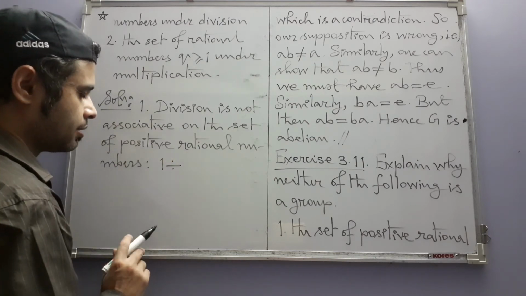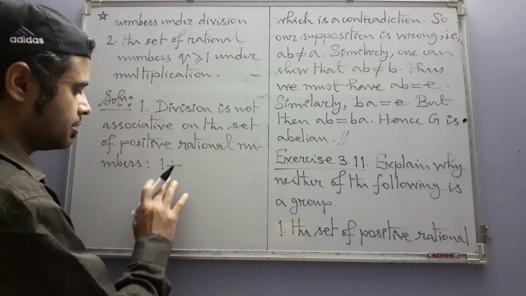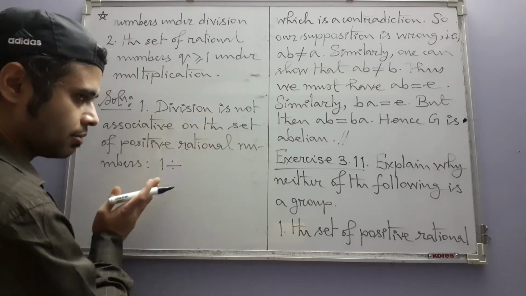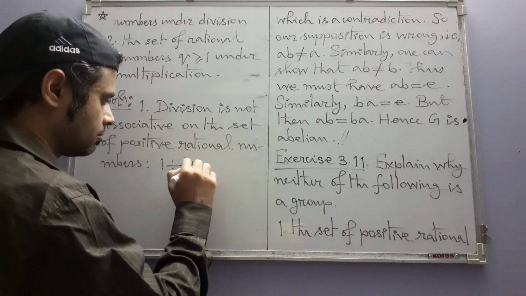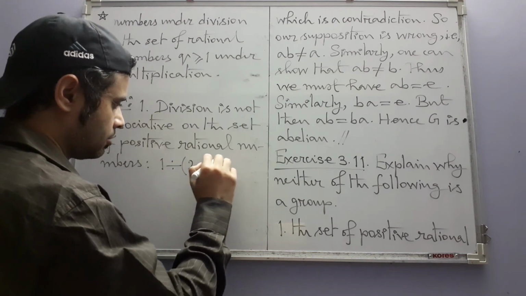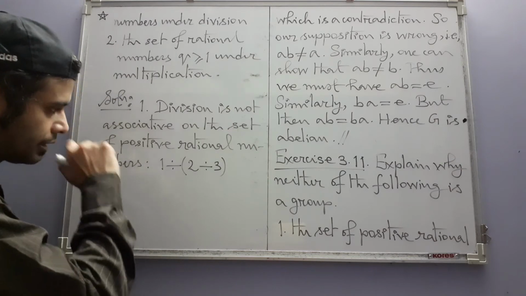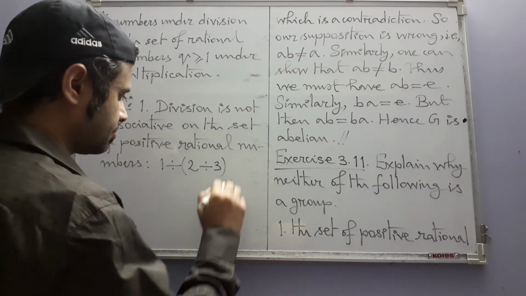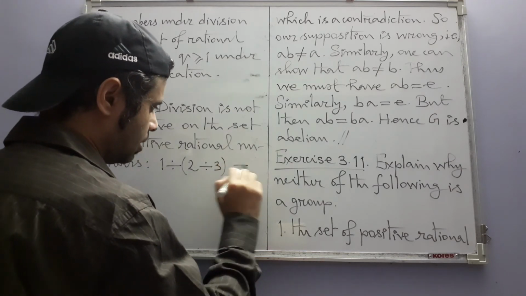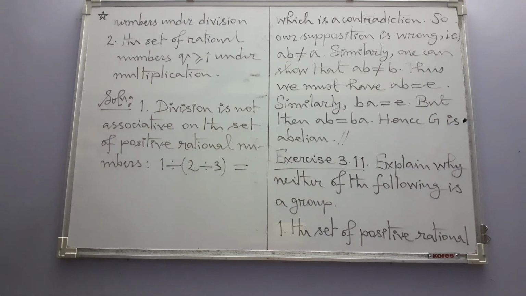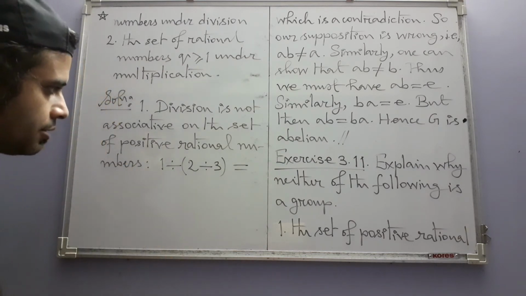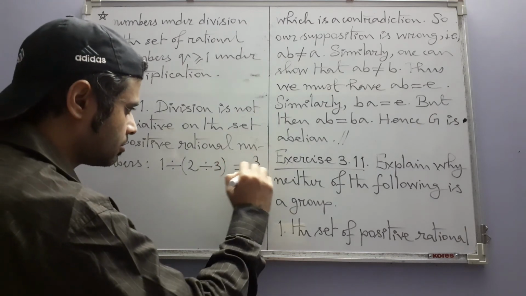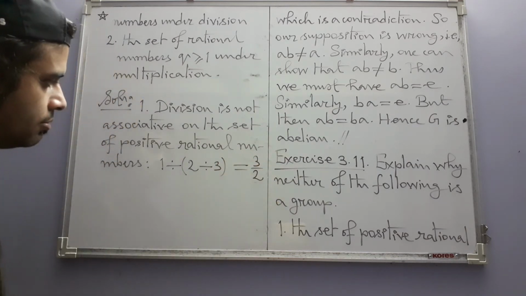In order to show that this is a binary operation, I am writing like this, 1 divided by 2 divided by 3; if you want, you can use this slash also. Now this is what actually? 1 divided by 2 divided by 3. This is equal to 3 divided by 2.